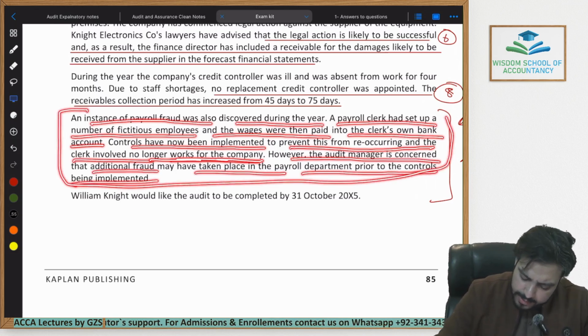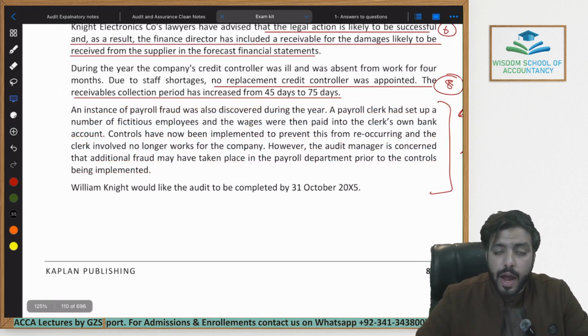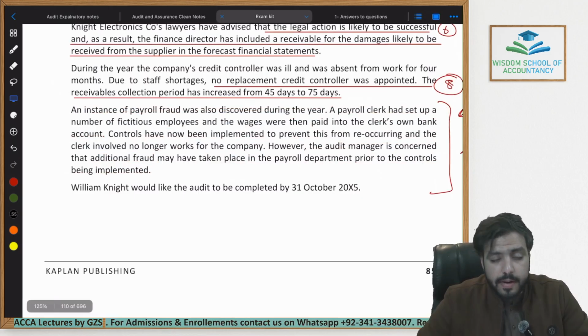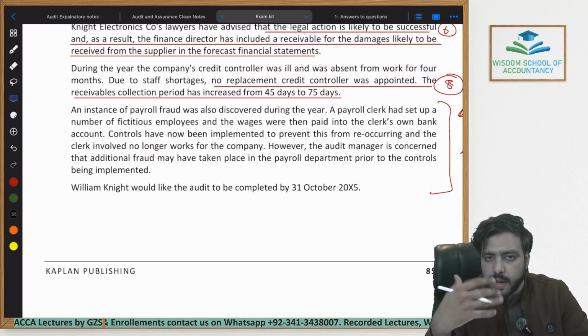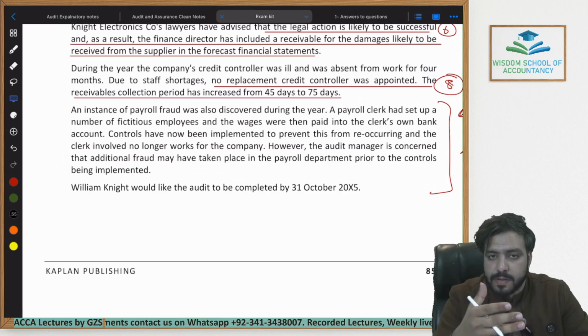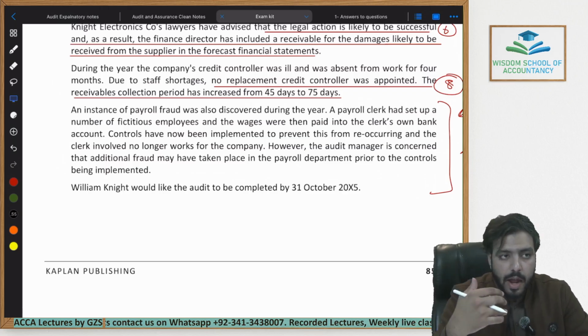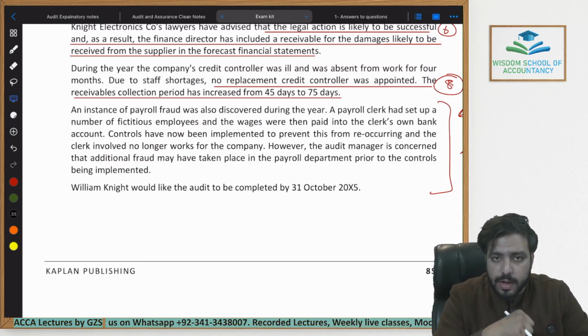Whenever you identify a fraud within the question, always remember, if the fraud has been identified, this doesn't mean that management would have recorded every single kind of expense against that fraud. So let's say I was working within the payroll department, and I created within the system a person by the name of person number Z, and with this person, my bank account was linked.